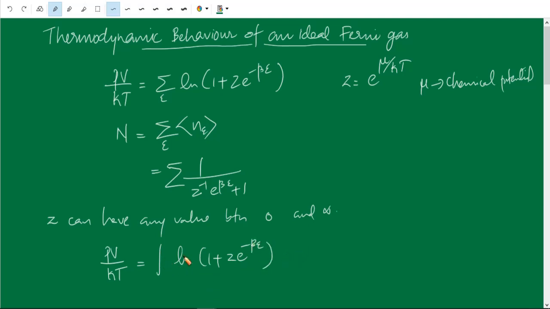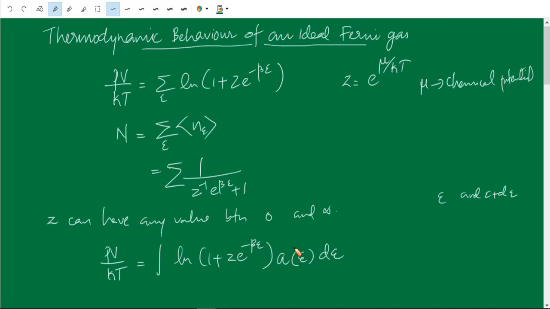If we integrate, we have to multiply with the total number of microstates within the phase space. So total number of phase points, that is a(ε)dε, the number of phase points within the energy ε and ε + dε. So we have to multiply with this.